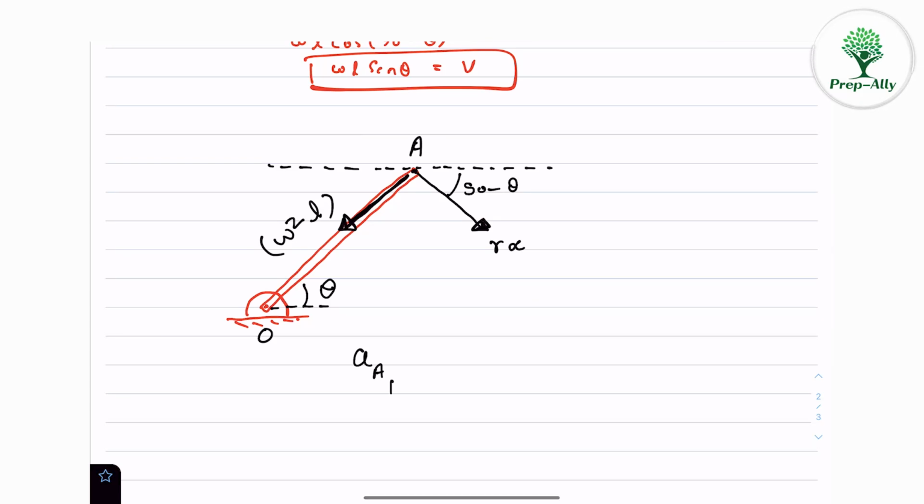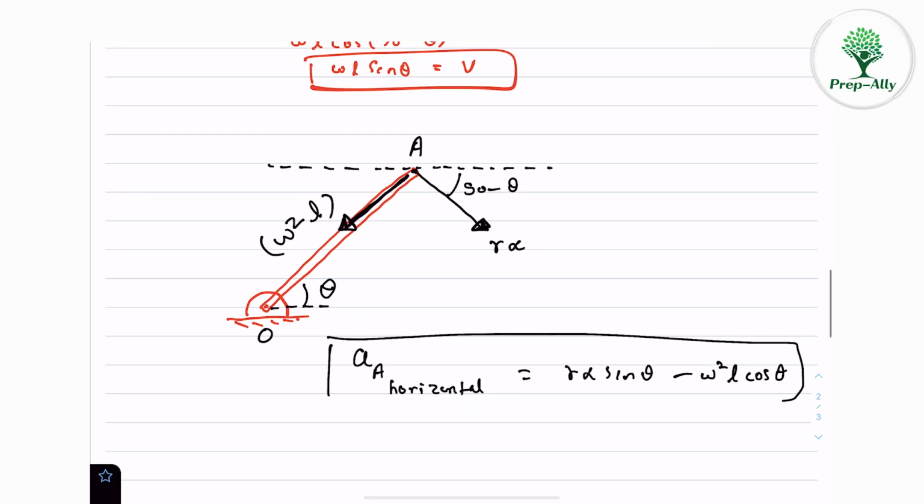If we talk only about the horizontal acceleration, r alpha has a horizontal component r alpha cos of (90 minus theta), which is r alpha sin theta, and then it also has this backward acceleration, where the angle is theta, so omega square L cos theta. Now this horizontal acceleration of A initially will be towards the right.